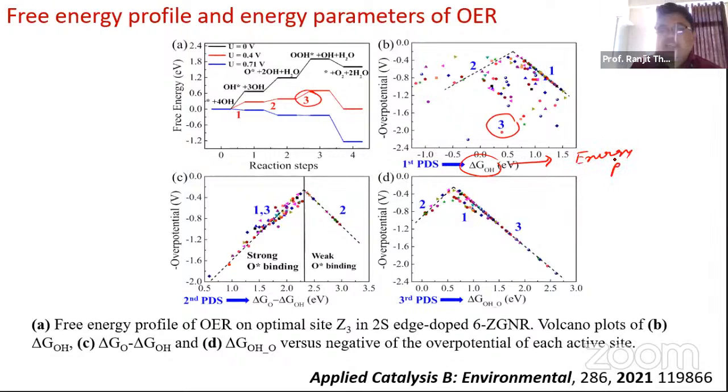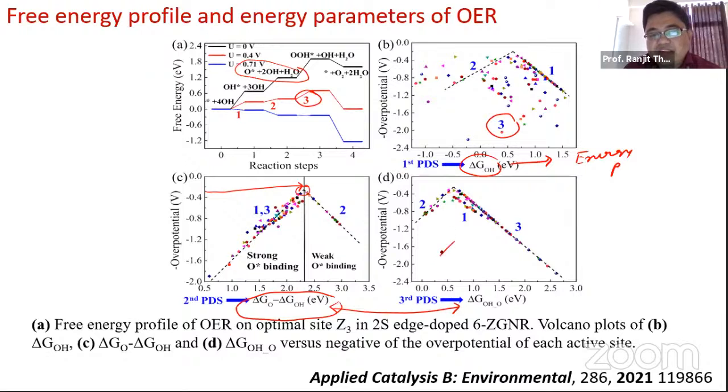So this is what we understand: why we need this energy parameter is because your third step is the main one. And this volcano plot, which is known in catalysis, shows the best catalyst at the top. So if you understand, this is the overpotential. This volcano plot can be easily understood only by this type of energy parameter, and we can define this using another energy parameter. But overall, these two relations are similar.